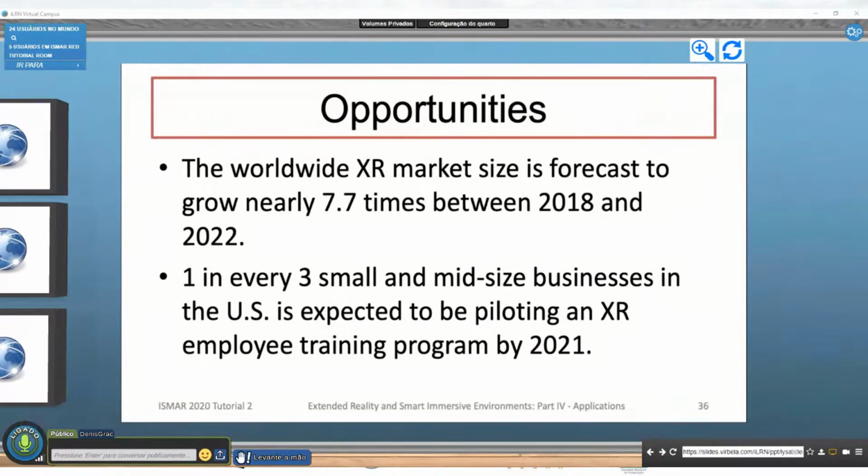That alone demonstrates a strong interest, potential, and need to better explore extended reality. Especially in those training applications, that's something that happens in physical space. Therefore, smart immersive environments are a logical choice for that.